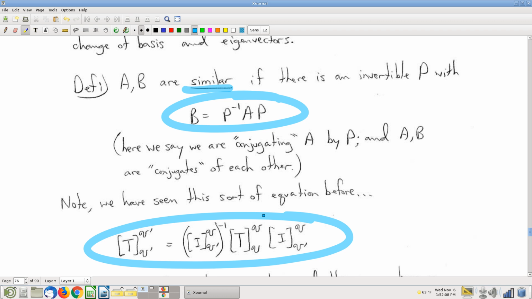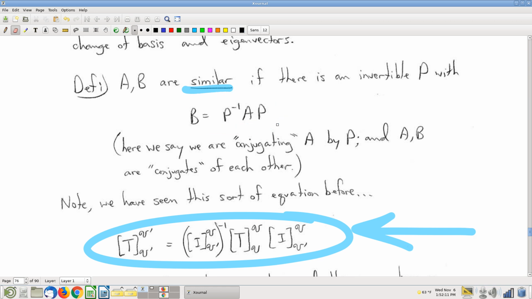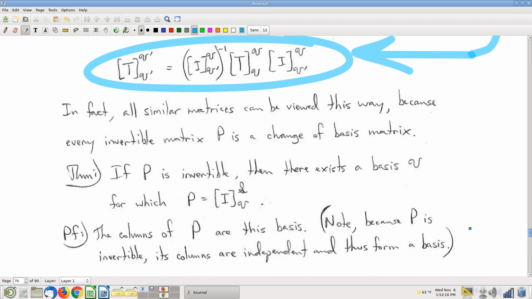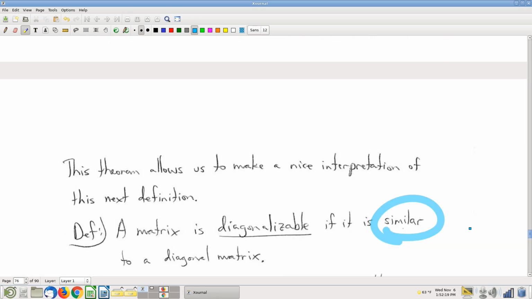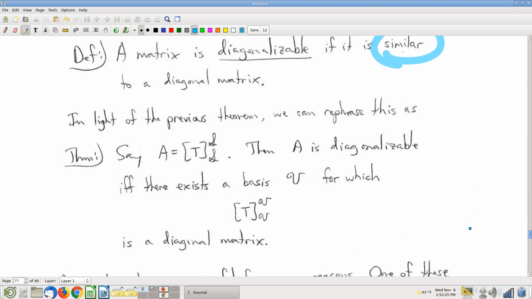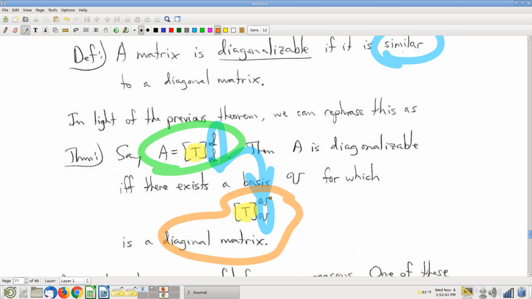So let's take that notion of similarity and reinterpret this definition of diagonalizability. A matrix is diagonalizable if it's similar to a diagonal matrix. Similar means that by change of basis, preserving that underlying linear transformation, we can take the original matrix A and turn it into a diagonal matrix, maybe we call it D, something like that.